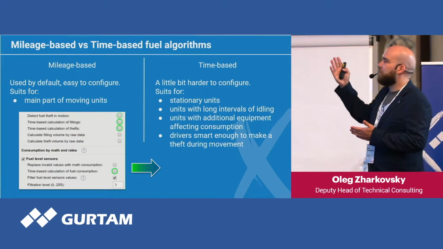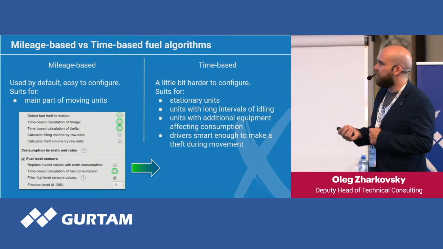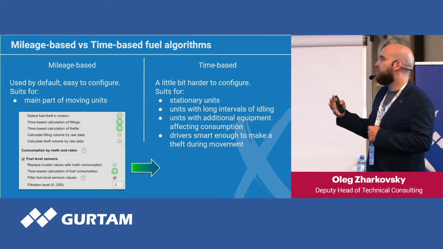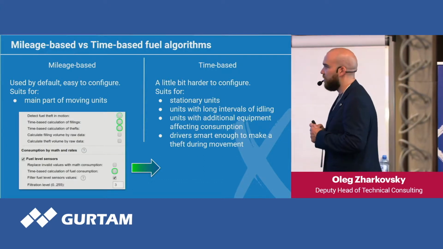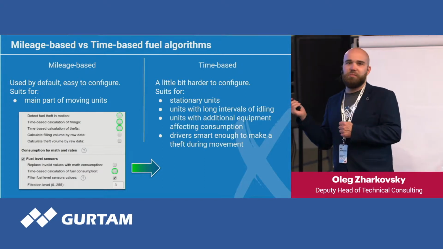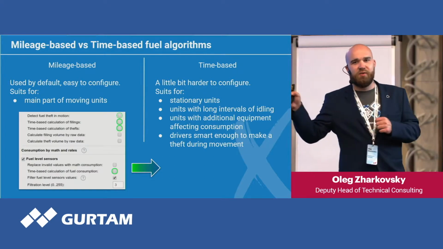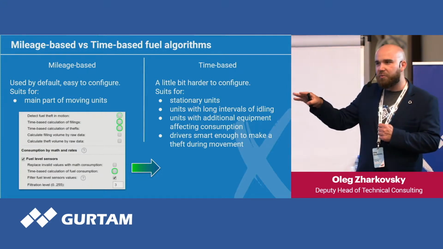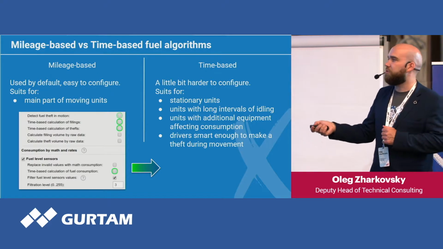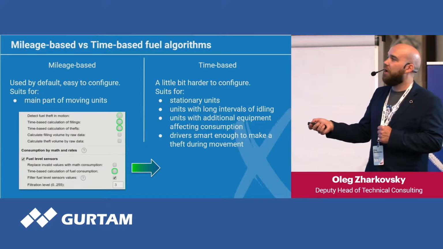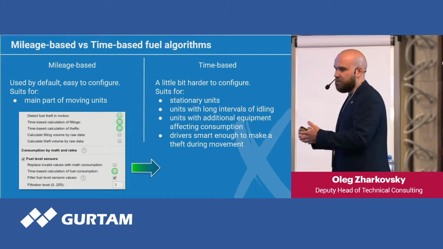But if you've got a stationary unit, if this unit has a long interval of idling, has additional equipment, or drivers are smart enough to make a seft during movement, then you should switch to the time-based algorithm. One more point: if you're not satisfied with the result of the mileage-based algorithm, switch to the time-based one. It can be done with the help of these options. And with the help of detect fuel seft in motion, you can activate the analysis of sefts in motion.